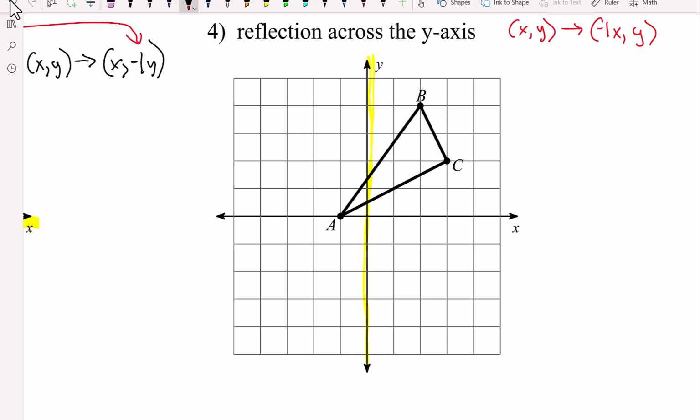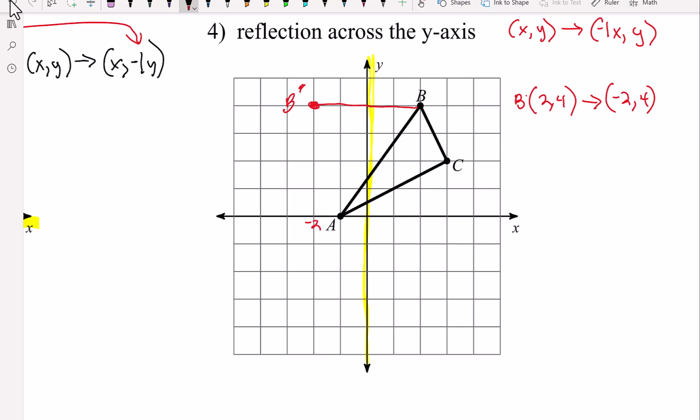So let's go ahead and see if that works. If this is B, this is at (2, 4). So if we're going to multiply the x's by -1, that would be (-2, 4). So let's see if that's right. This is 2 away. Let's go 2 away. This would be B prime. And look at that. That's (-2, 4).